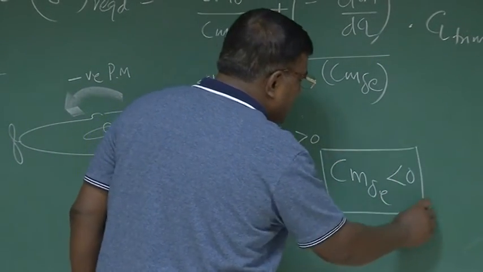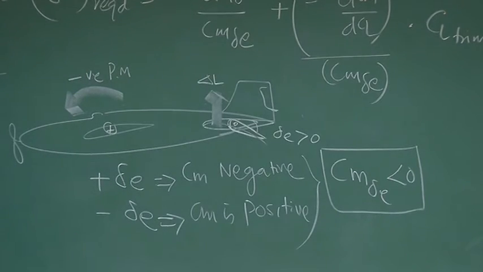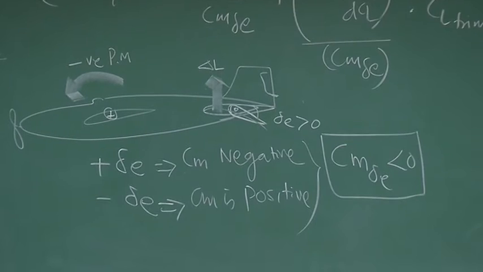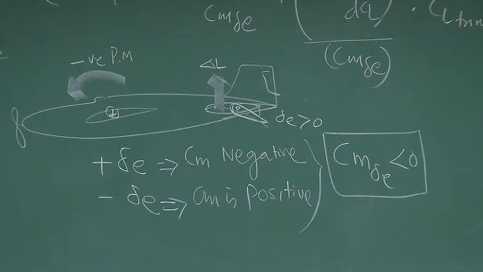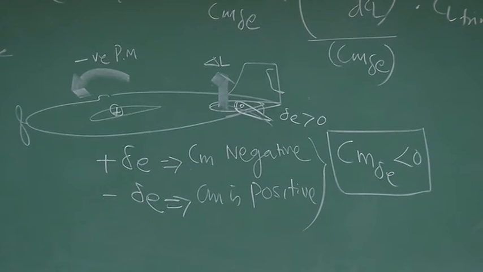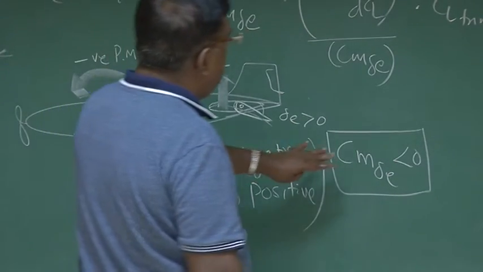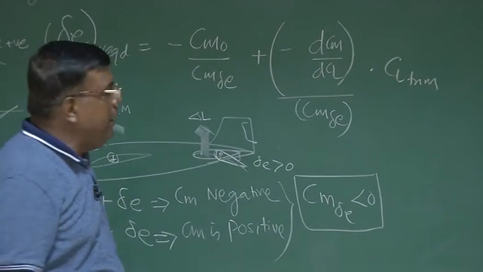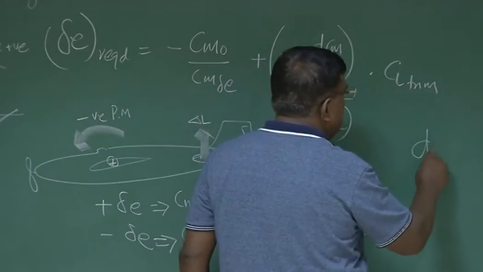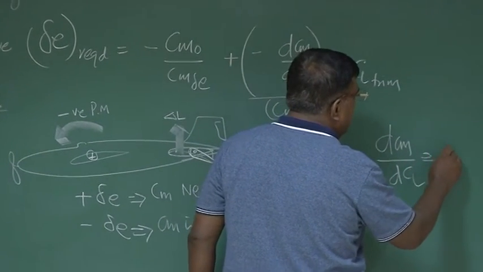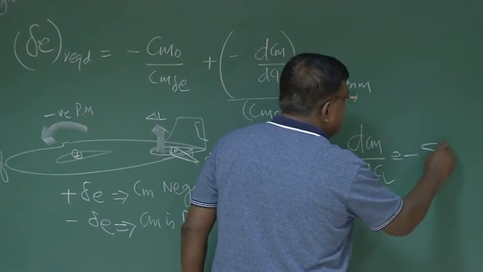What is the meaning of Cm delta E? It is the change in pitching moment coefficient per unit elevator deflection only, everything else remaining the same. Is it clear? So that is the meaning of Cm delta E. What was dCm by dCl? We are experts by now. dCm by dCl is approximately, as you have seen, minus of the static margin.